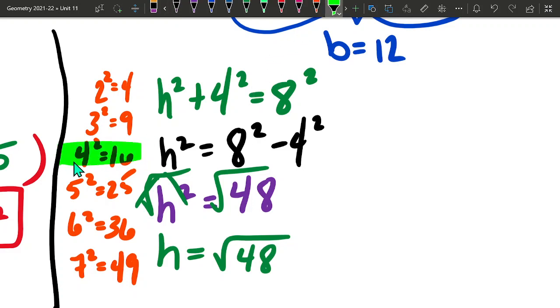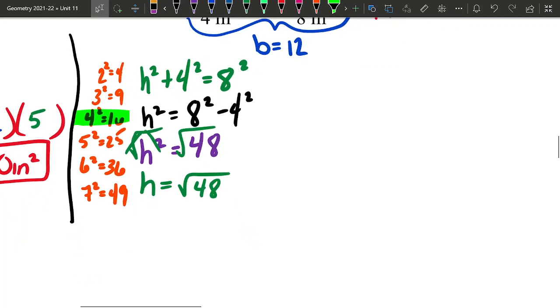So if I choose this one, I take the square root of 48 and I split it up: 16 and 3, because 48 is 16 times 3.